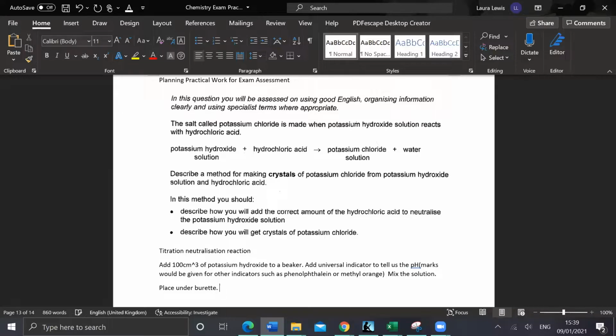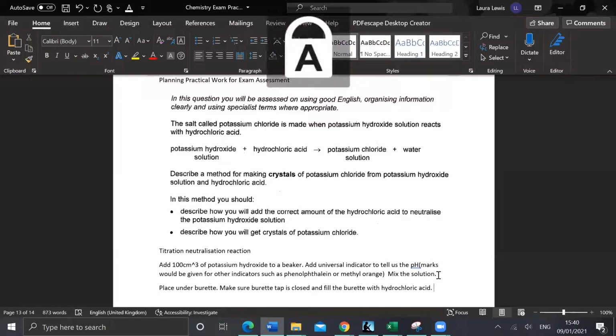Make sure the burette tap is closed, and fill the burette with hydrochloric acid. The burette's got numbers on the side to tell you how much is in it.